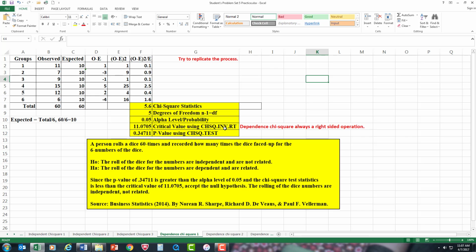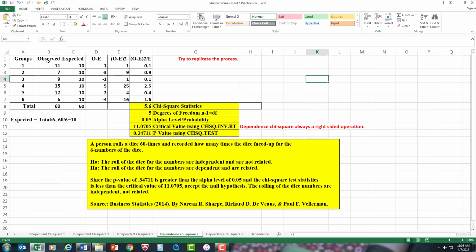And eventually, we're going to have to figure out the chi-square critical value, and the dependence always looks at the right side of the bell-shaped curve, and of course we're going to have to figure out the p-value using the chi-square test, but I'll show you that in a moment.